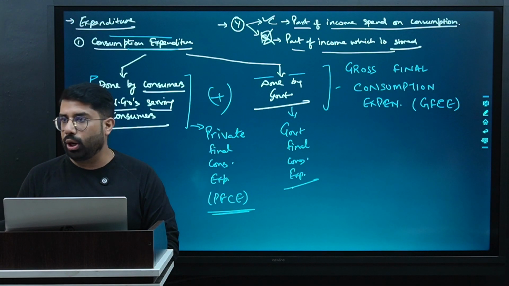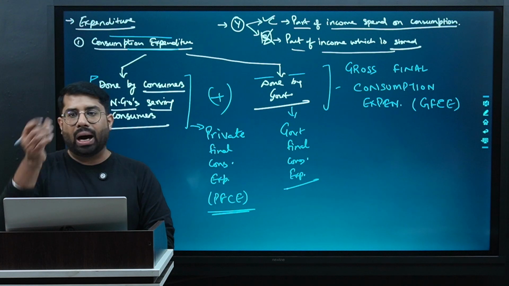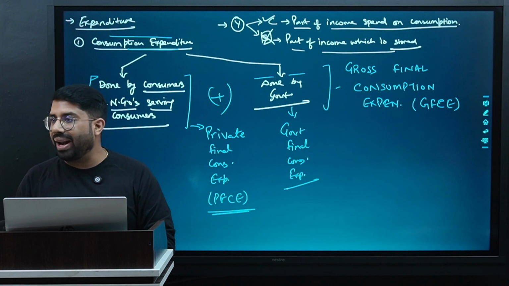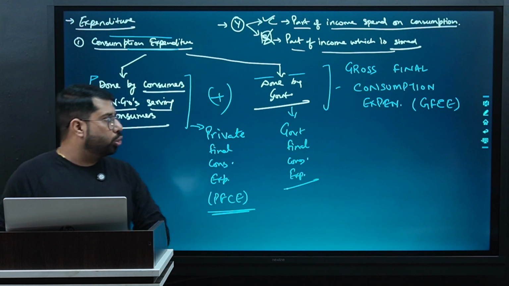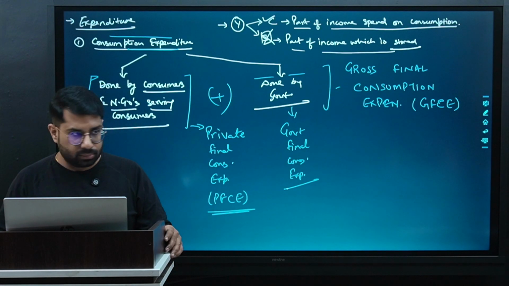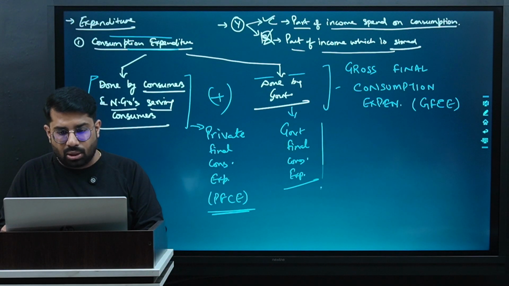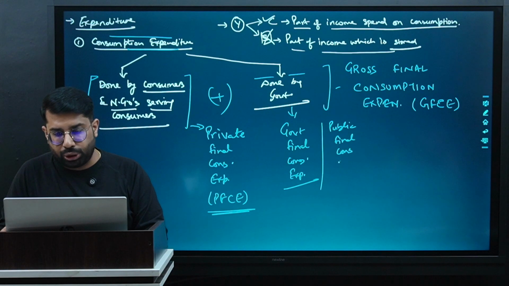If in a question they write private final consumption expenditure 100 and government final consumption expenditure 200, then total gross final consumption expenditure will be 300. You can say it as GFCE, or you can say it as PFCE.